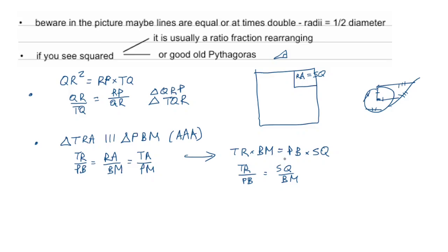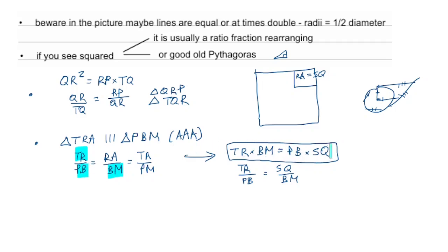Because then when I get to a question and I'm feeling a little bit stuck, I can look at what they're wanting me to prove, but I look at what I have, and in some ways it can be helpful just to almost tick what you've got. So I need TR, that's over there. I need a BM, that's over there. I need a PB, that's over there.